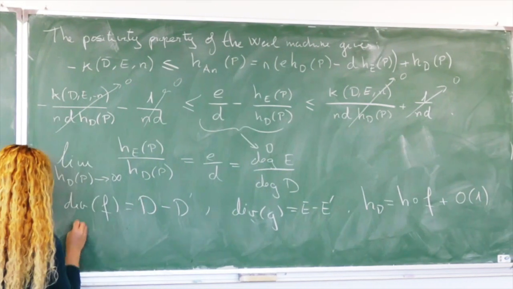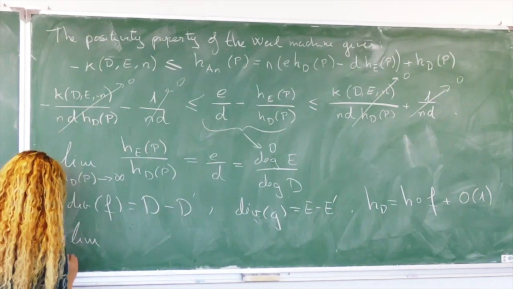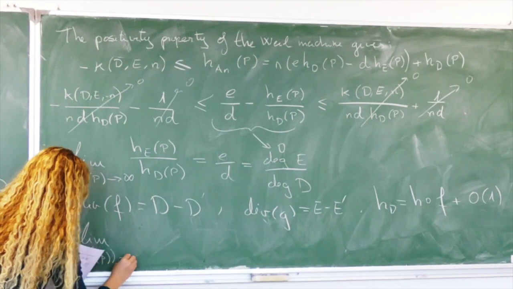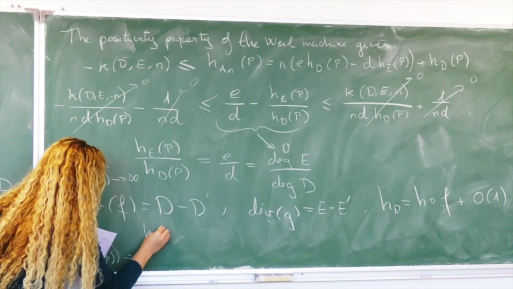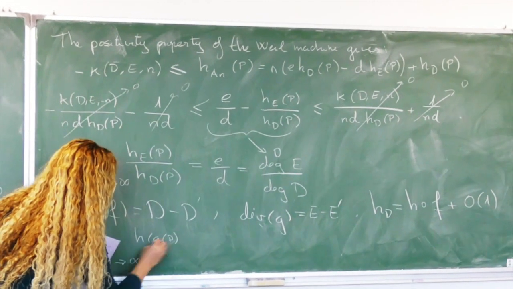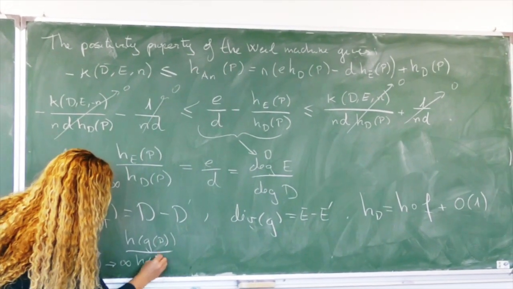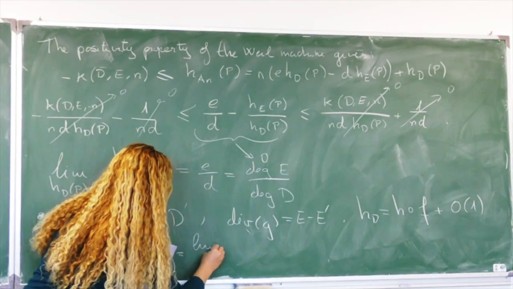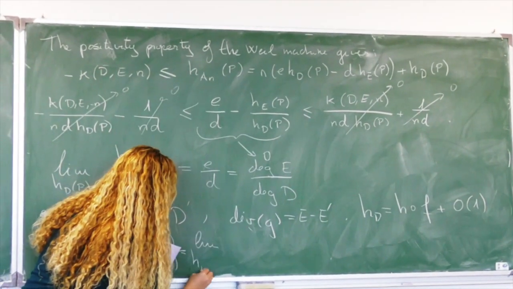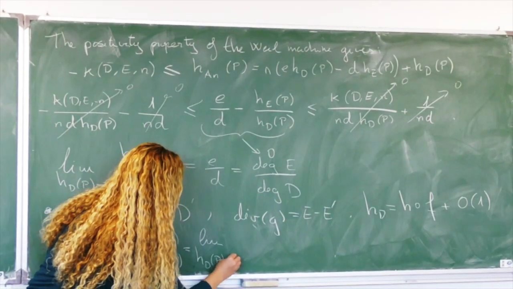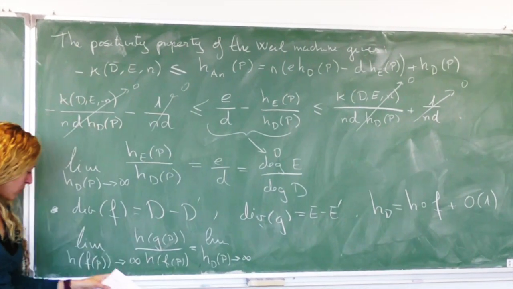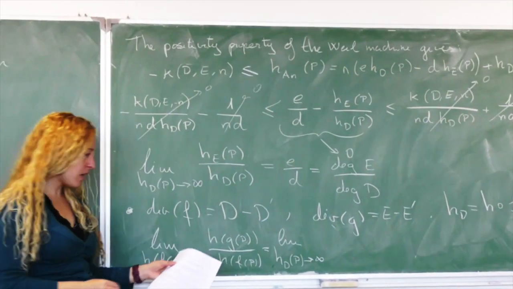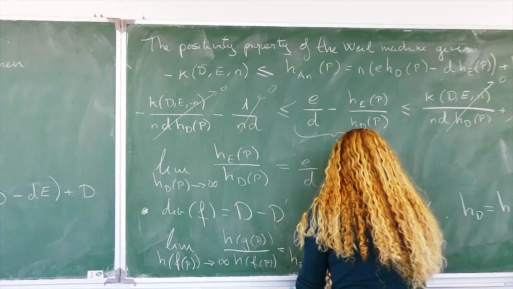So we have that the limit when the height of f(P) goes to infinity of this is equal to the limit when the height of P goes to infinity, so not only of f. Recall that D is the divisor associated to f, of this quotient.